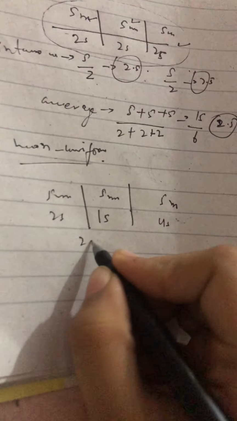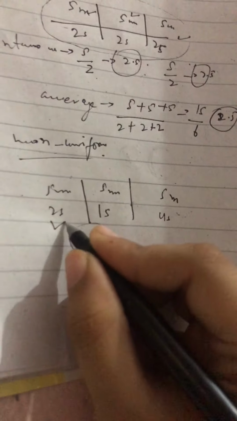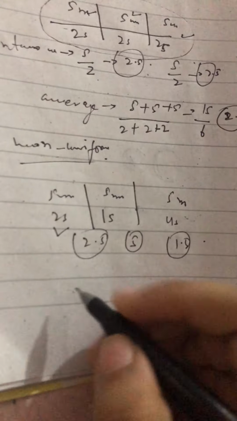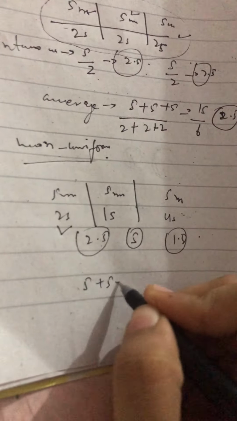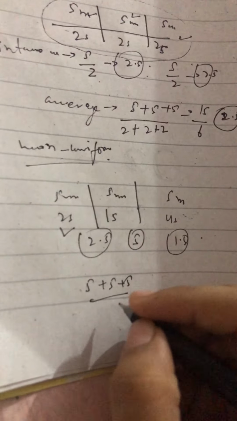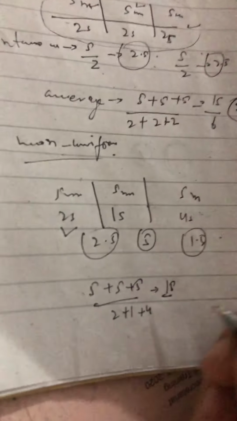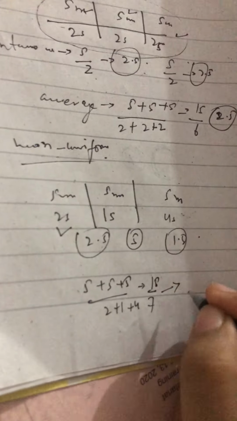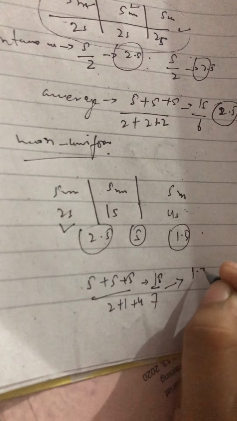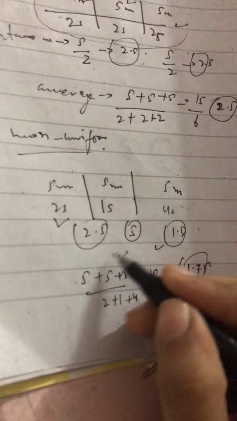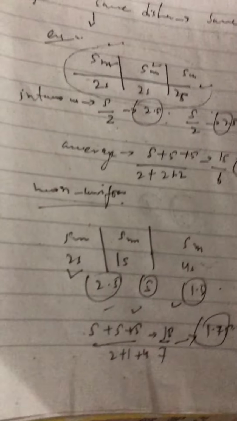So it will be 2.5, 5 and 1.25. And the average will be 5 plus 5 plus 5 upon 2 plus 1 plus 4, so it will be 15 upon 7, which is about 2.14. You can see these are not the same, so that will be called non-uniform speed.